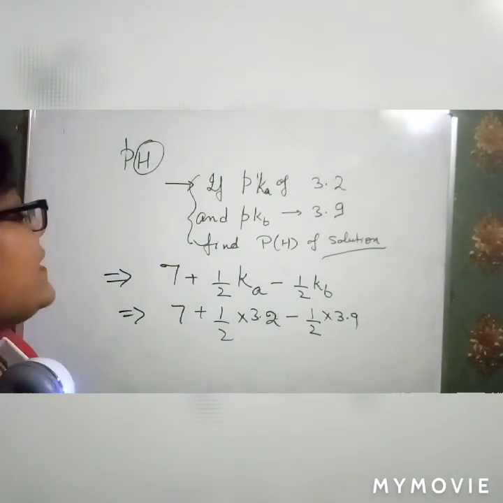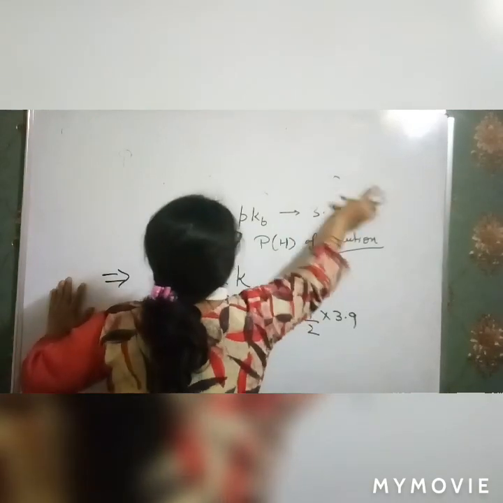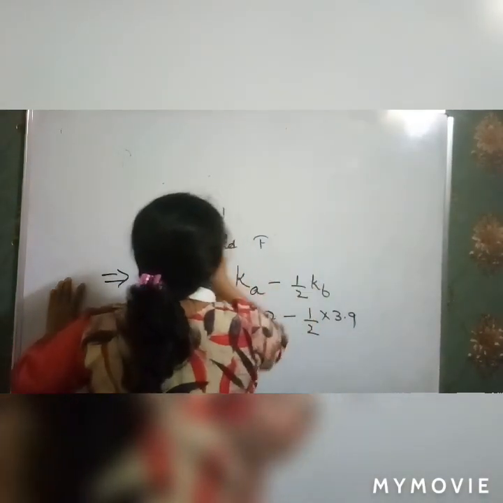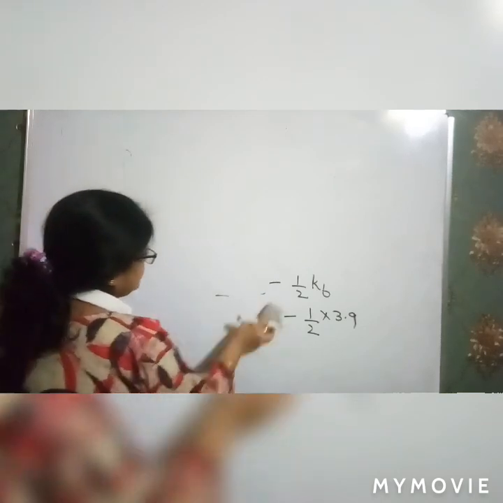One more question like this we have, in order to find the pH of solutions in which we have both acids and bases. That type of question is like this.